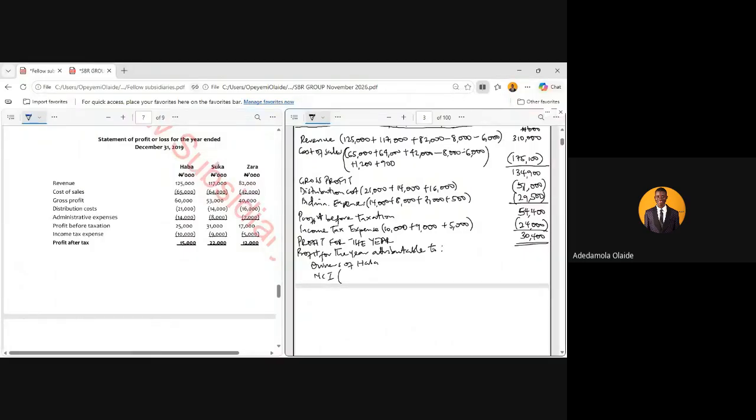So we'll just say the share of NCI will be in Suka, they only have 20%. So 20% of their own profit after tax, 22,000, plus here they have 40%. 40% of what? 40% of 12,000. Okay, so that is that. So that will give us how much?